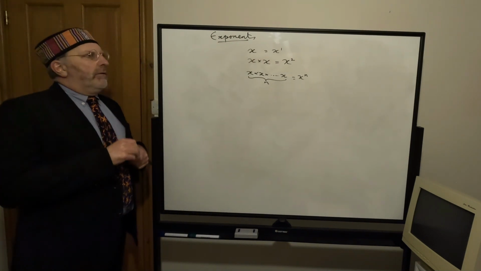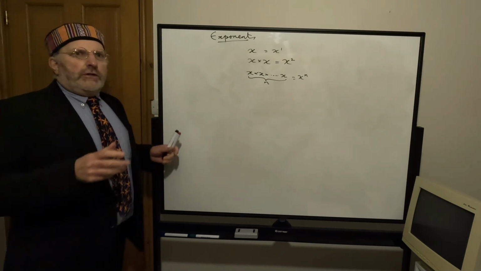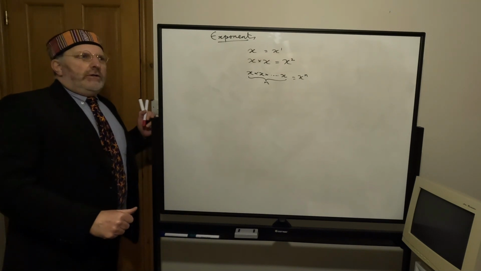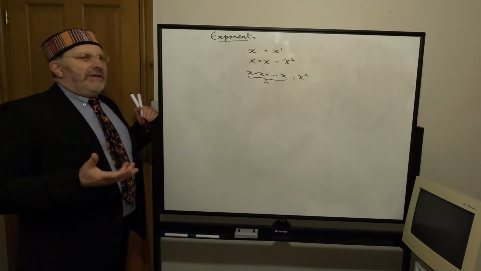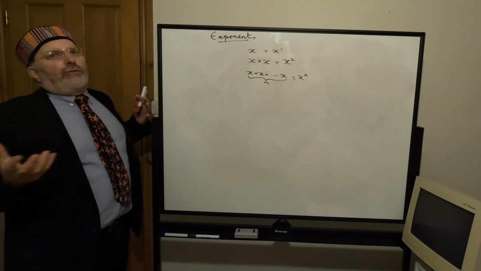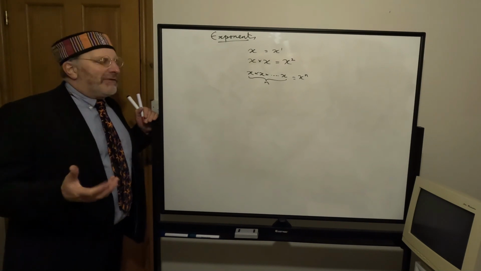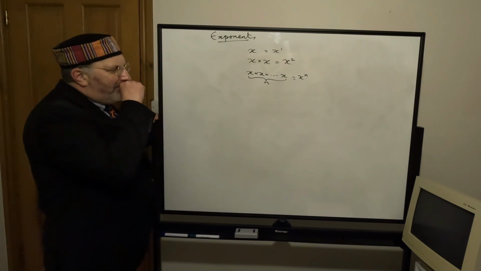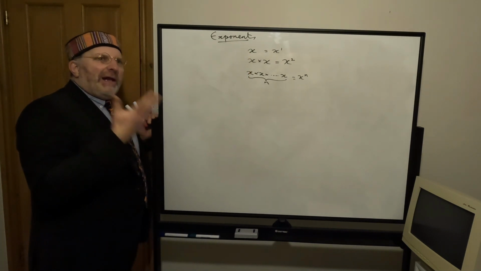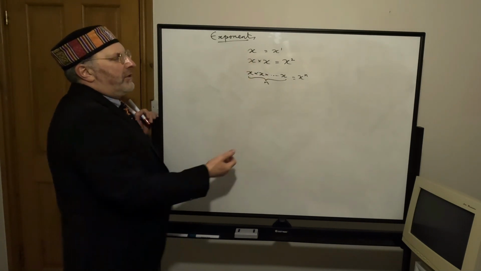Now my mother tells me that when she was studying mathematics at school, the teachers were always talking about this thing x, and she always had this question, well, what is x? What is this x you're talking about? That was a mystery to her. So if you're like that, this x is just a placeholder. It just means it could be anything. It's just a way of describing this notation.